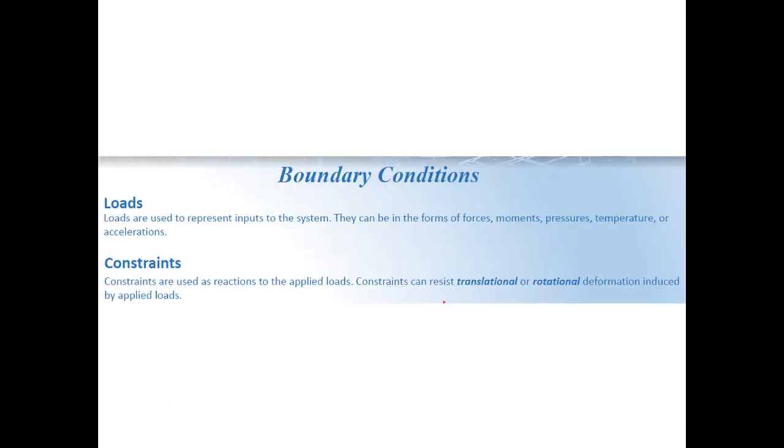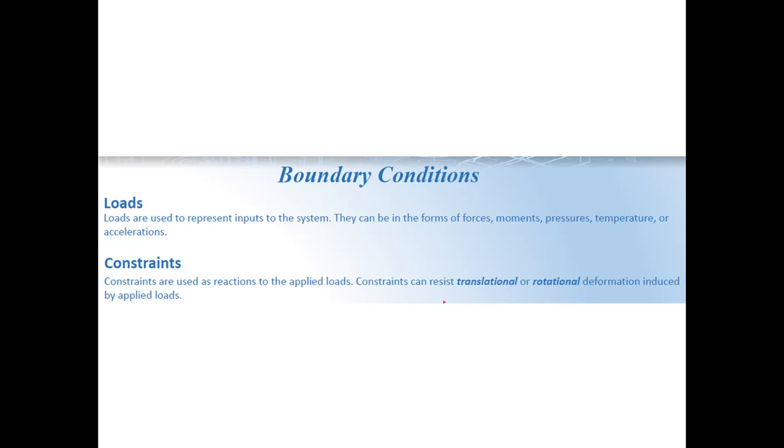So boundary conditions are load and constraint. Now constraint depends on where that element is used, or the application of that object. Depending on that, we have to constrain. Constraint is nothing but restricting the degree of freedom of the part, or we can say the node or the element, right? Suppose there is a table.